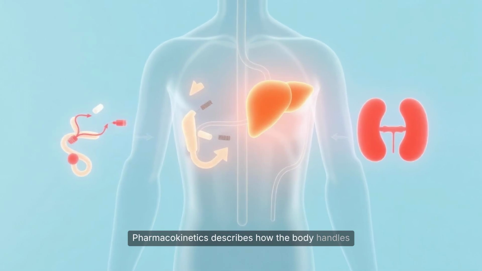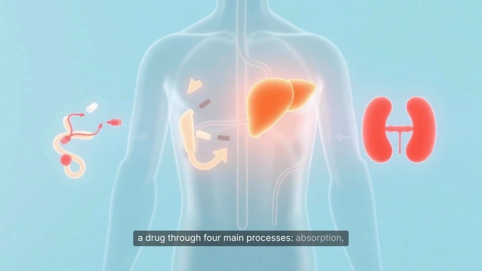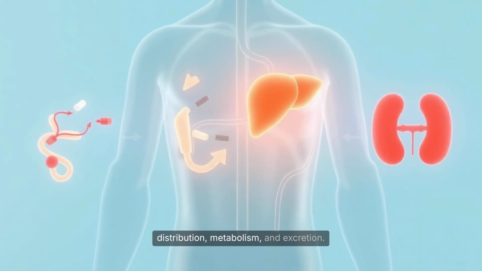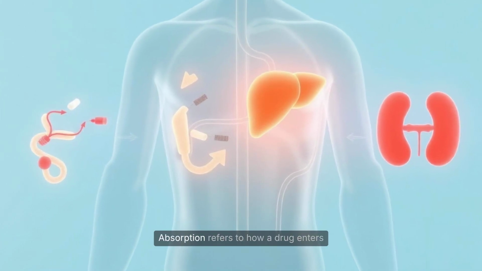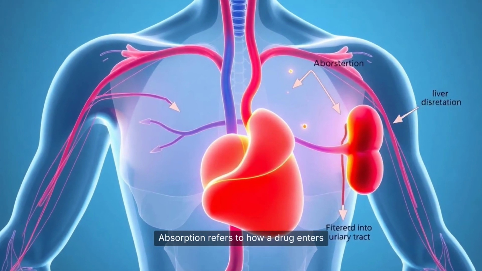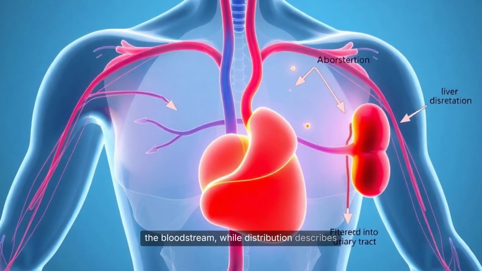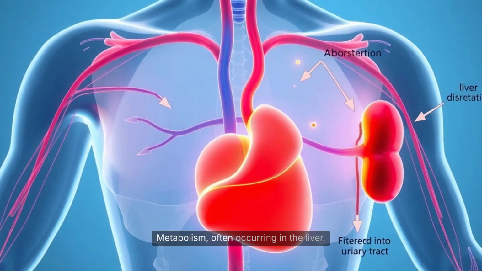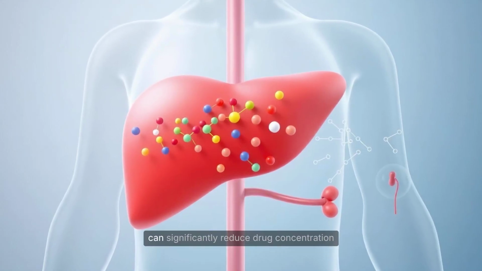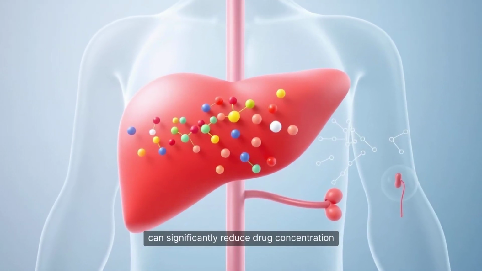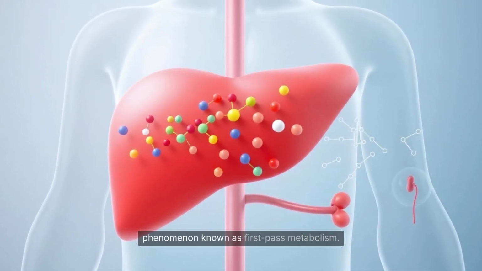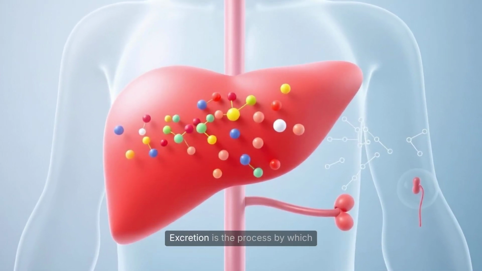Pharmacokinetics describes how the body handles a drug through four main processes: absorption, distribution, metabolism, and excretion. Absorption refers to how a drug enters the bloodstream, while distribution describes its movement to various tissues. Metabolism, often occurring in the liver, can significantly reduce drug concentration before it reaches systemic circulation, a phenomenon known as first-pass metabolism.